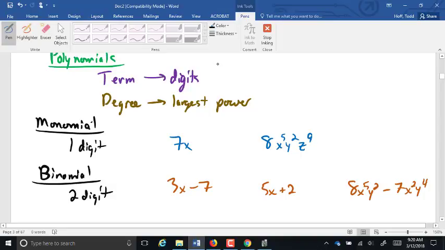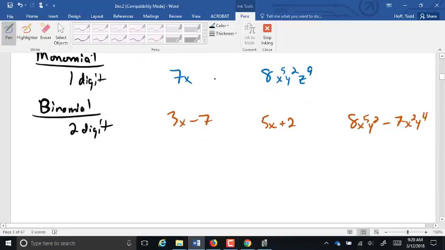And it keeps going up bigger and bigger. We have the trinomials, which of course is 3 digits. Trinomials will typically take on the appearance of something like 5x squared minus 3x plus 7.